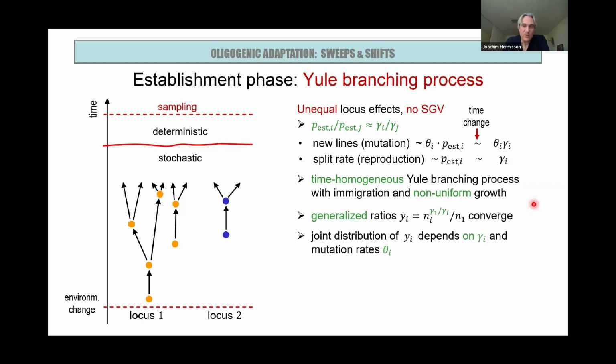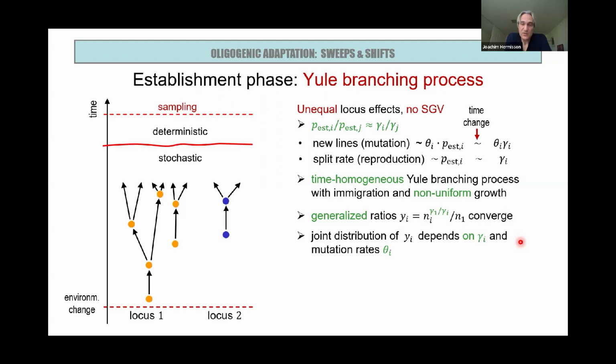All right, so what can we do about that? Before, we had just ratios of the number of lineages at different loci, and we said that this is maybe a quantity that is good to consider and could have a distribution that converges in the limit.